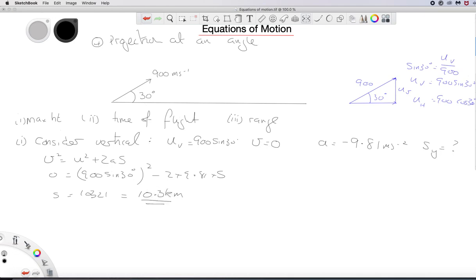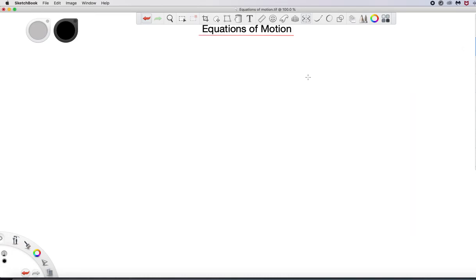The second part then, the time of flight. Let's look at that. So our time of flight. That is, of course, the time it takes in the air. So that's twice the time to the maximum height.